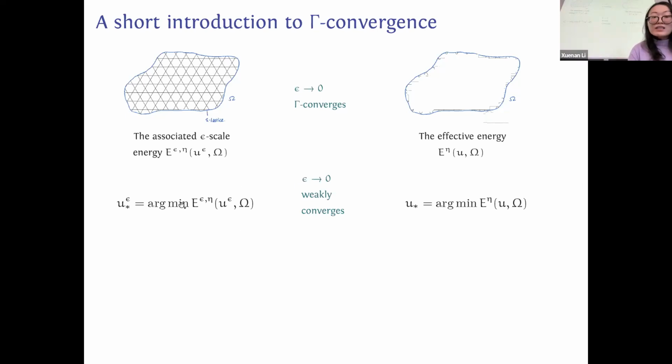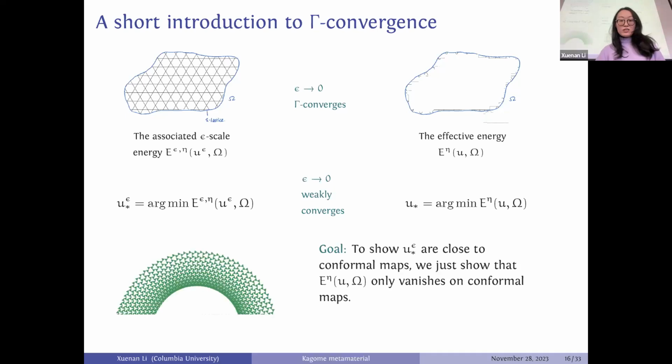So U star epsilon is going to be the low energy state on the epsilon scale, and U star is going to be the low energy state for the effective energy. What's actually happening in gamma convergence is that this minimizer is going to converge to this minimizer. Okay, so that's what I mean by gamma convergence.